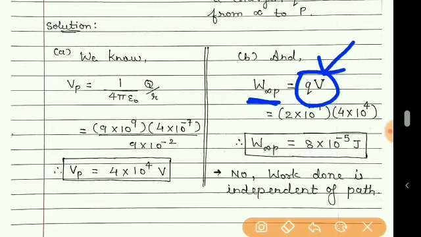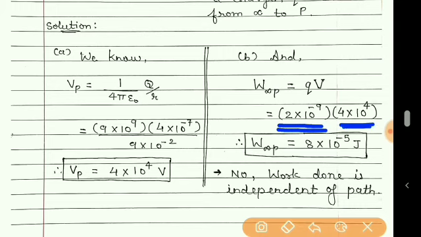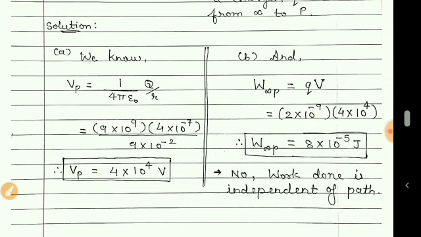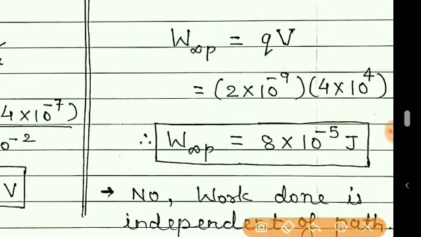Now simply put the values. The small charge which is brought from the infinity is having the magnitude 2 into 10 raised to minus 9. Potential V we already obtained here, so here we have to simply put its value. Now calculation part. We know that 4 2s are 8.